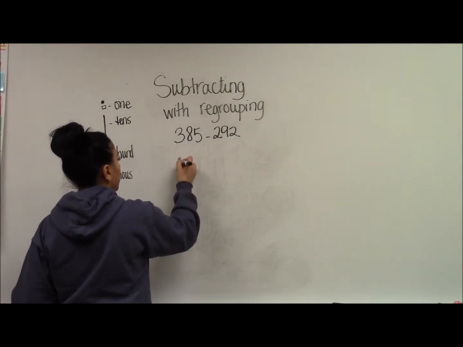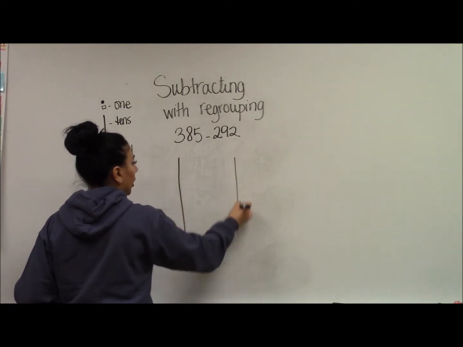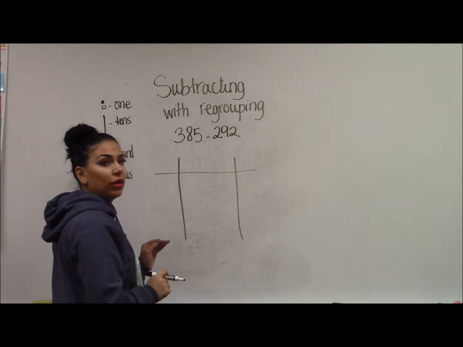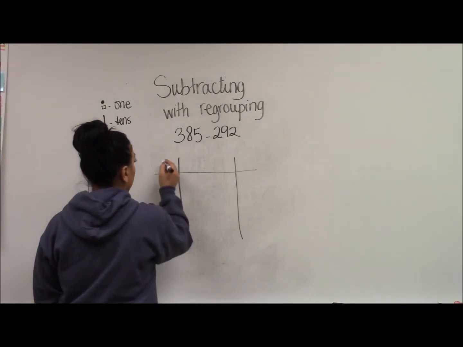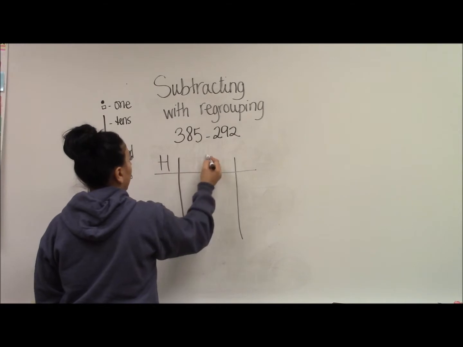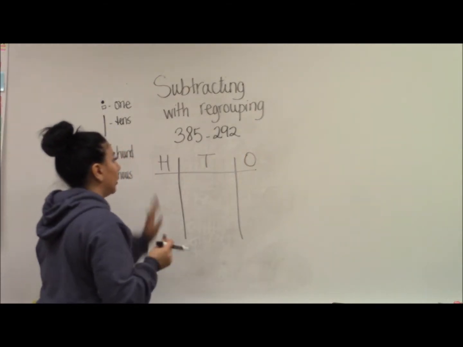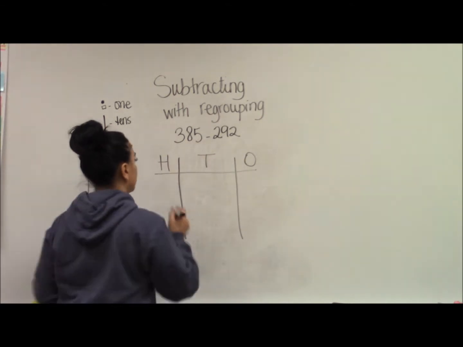And so let's just again use our HTO chart. And it's again very, very similar to when you stack. You're just stacking them using this organization of the hundreds, tens, and ones.